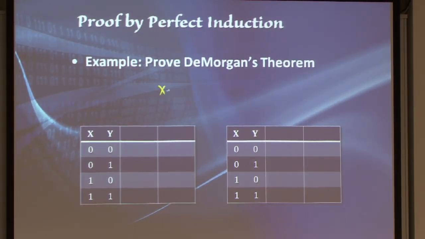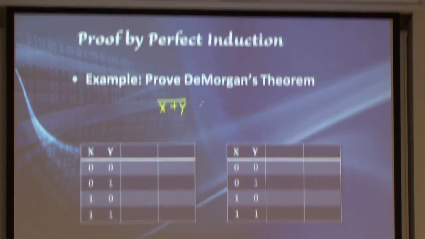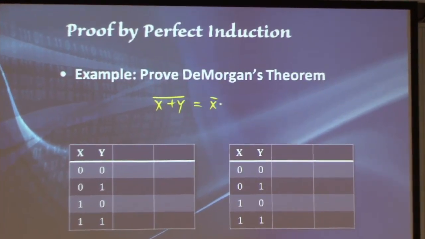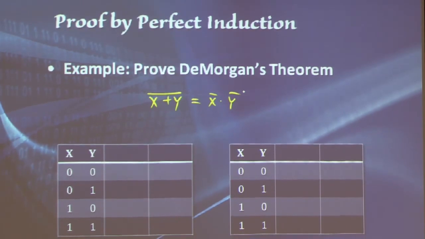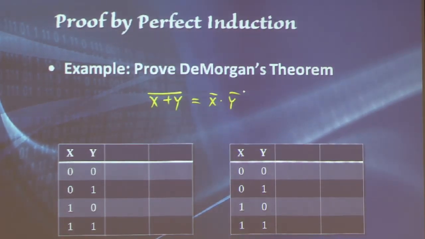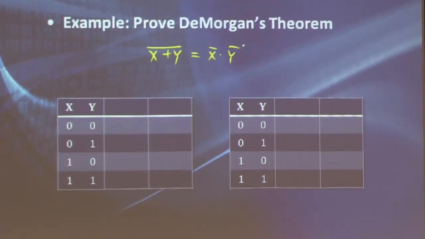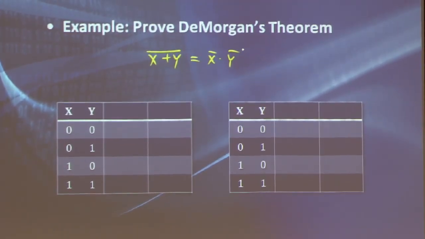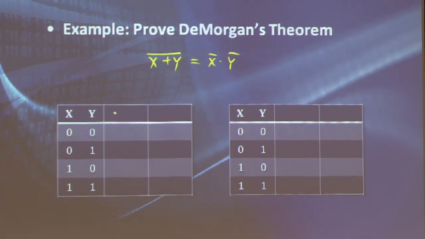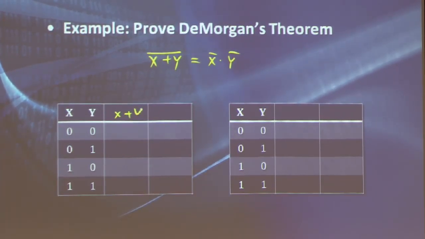If you remember, De Morgan's Theorem stated that x or y inverted is the same as not x and with not y. I will try to develop my left-hand side here, develop my right-hand side here, and if I end up with the same result for all the different combinations, that means that it's true.